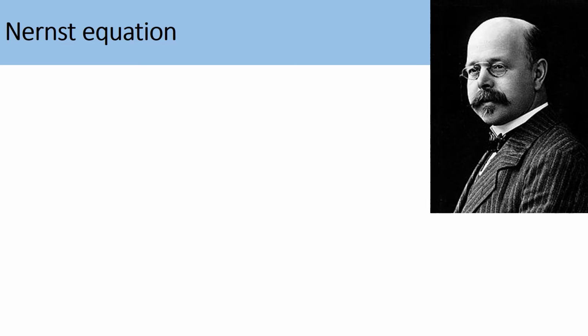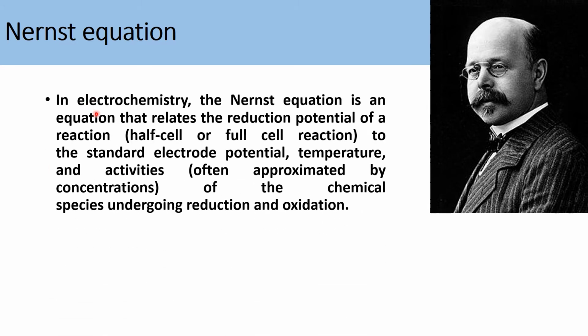Nernst equation. In electrochemistry, the Nernst equation is an equation that relates the reduction potential of a reaction, a half cell reaction or a full cell reaction, to the standard electrode potential, temperature, and activities, often approximated by the concentrations of the chemical species undergoing reduction and oxidation.